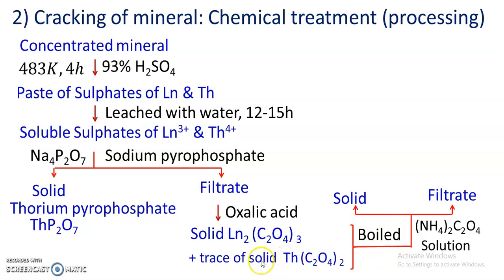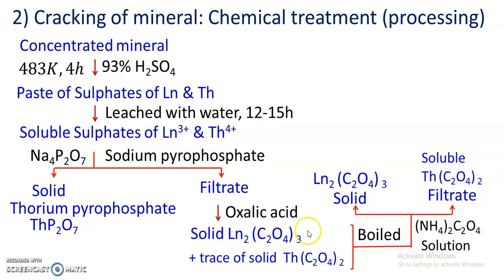So after boiling, the solid thorium oxalate gets dissolved and goes into the filtrate. The thorium oxalate is removed by means of filtration, and the solid mainly contains lanthanum oxalate.